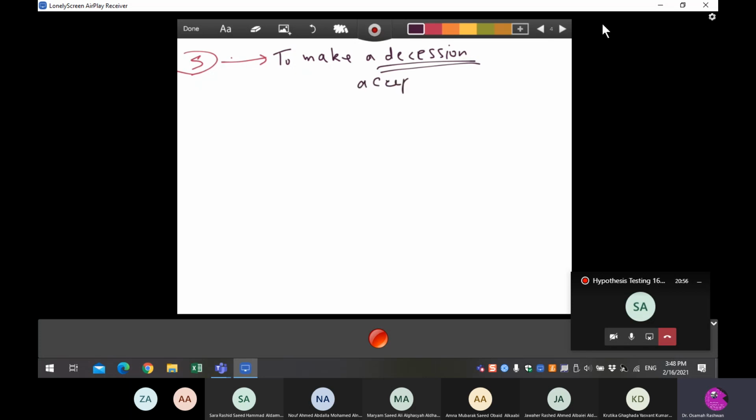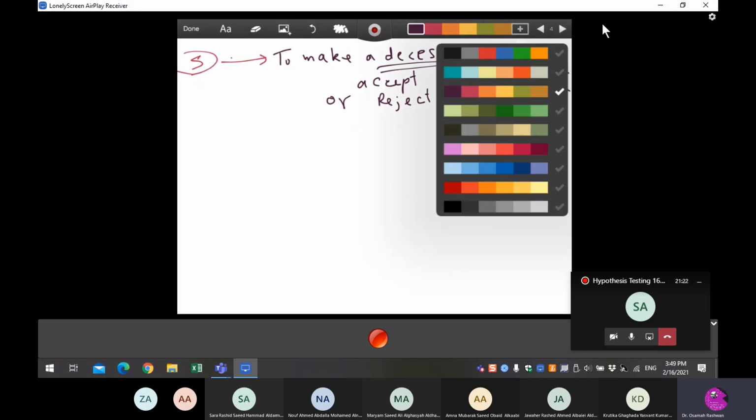Accept H naught or reject H naught. If you accept H naught, it means you reject the alternative hypothesis. If you reject the null hypothesis, it means you accept the alternative hypothesis. This is what it means.